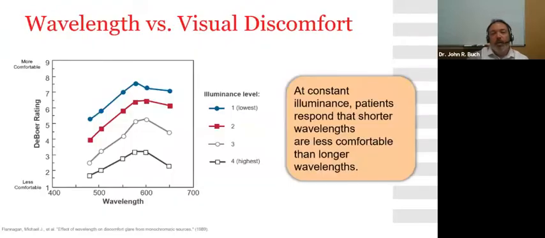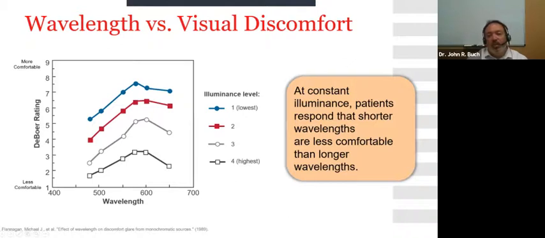Well, one thing that we know is that at constant luminance, patients respond that shorter wavelengths are less comfortable than longer wavelengths. This is shown here in this graph by Flanagan. This bottom line shows multiple different light sources, like a blue light source, a green, a yellowish light source.